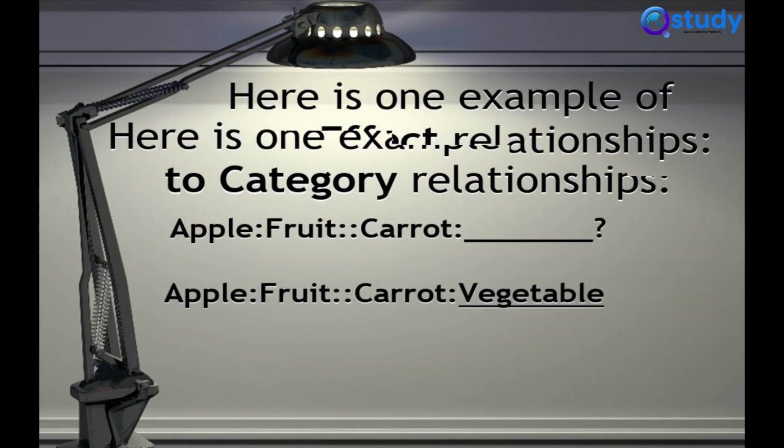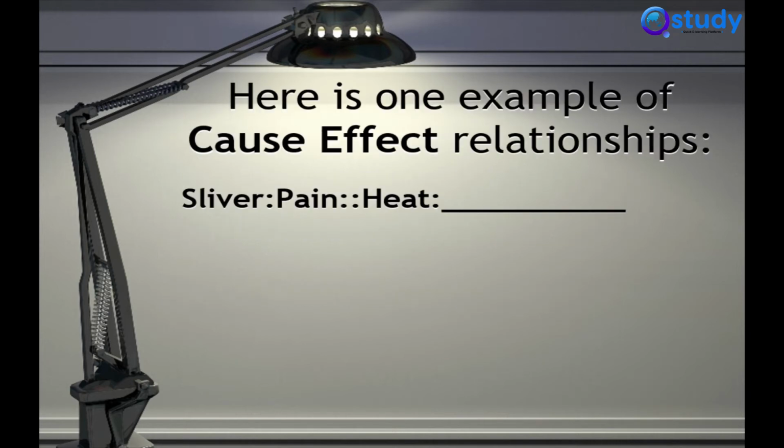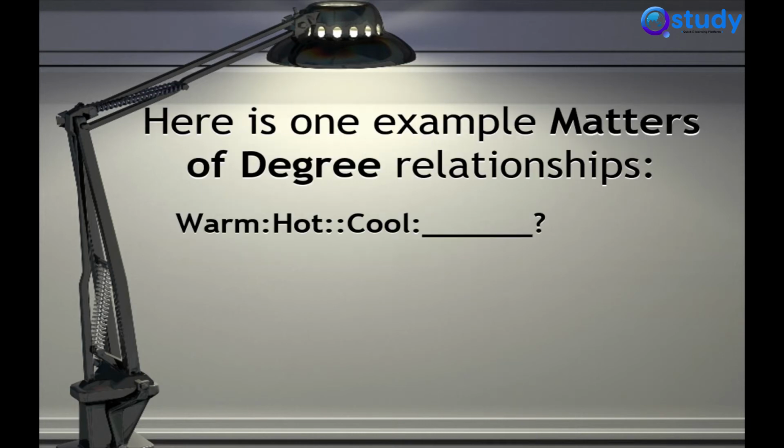Next example is of cause and effect. Silver is to pain, as heat is to boil. Then next example is matters of degree. Warm is to hot as cool is to frigid. Hot is an extreme level, but warm means not that hot. Cool is a lesser degree, frigid means an extreme level.